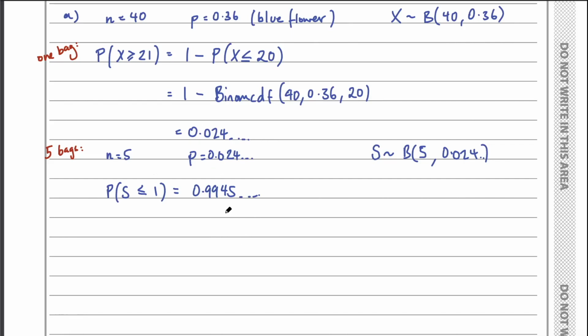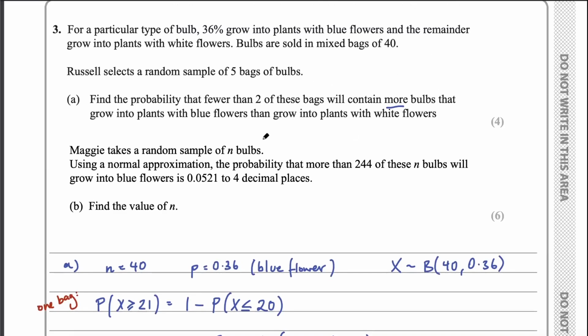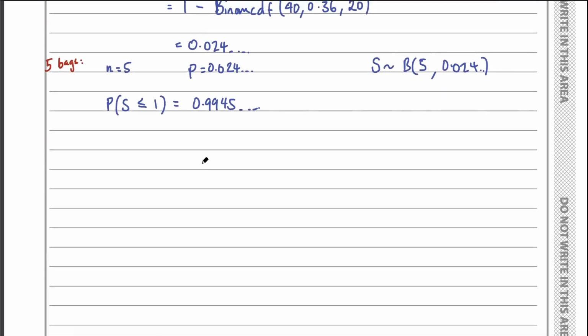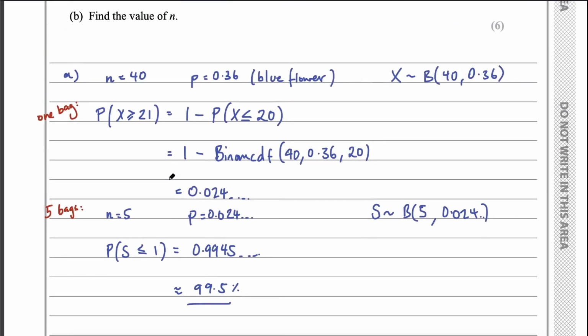So again, this answer is making sense. It doesn't say to round off to anything, but percentages are usually written to 1 or 2 decimal places, so I would just round this off to 99.5%. Okay, so that's the final answer for part A.